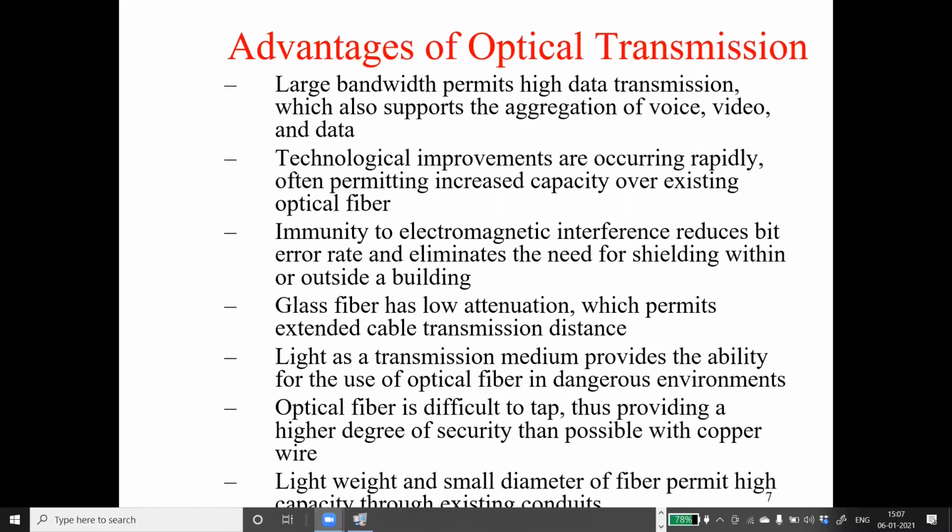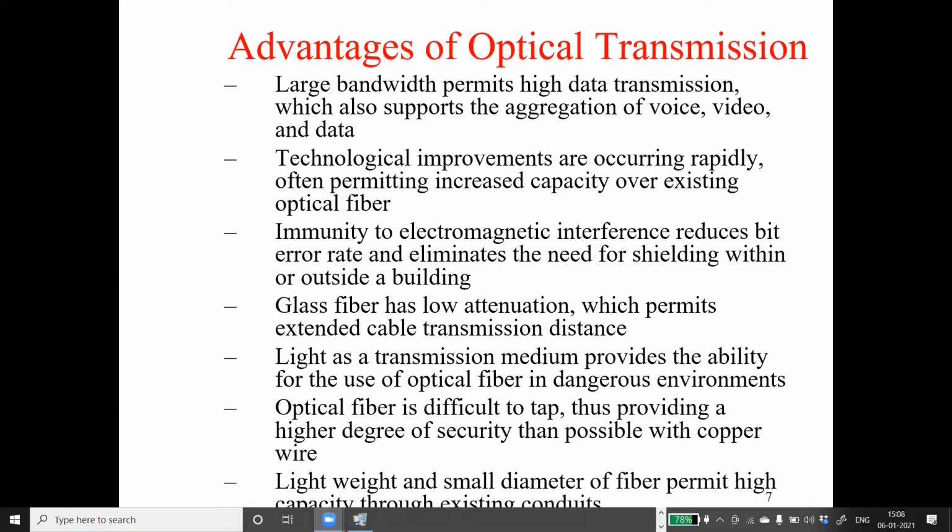Previously, when electromagnetic waves were transmitted through copper, it could not be laid down in a strong electrical field, because that field would start interfering with your signal. Since optical fibers are insulators, right? It's glass, it's an insulator. So those electromagnetic waves outside cannot interfere with the signal inside the fiber, and hence we can use it even in an electrically hazardous environment.